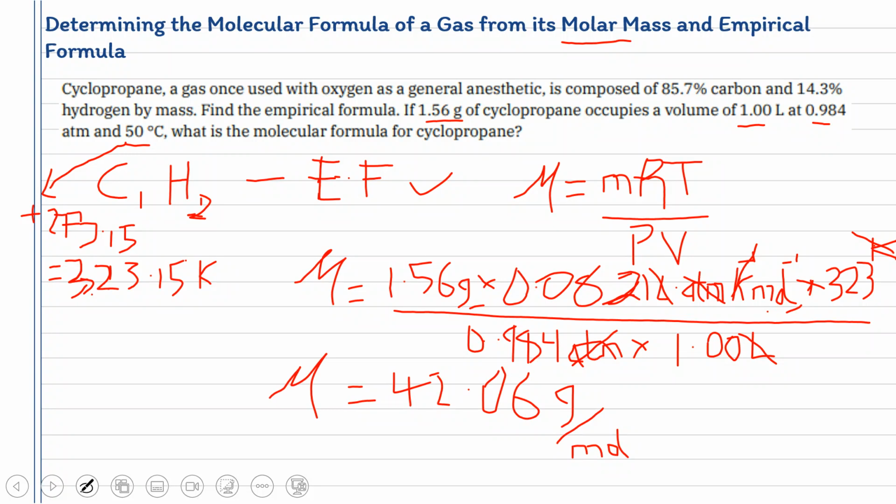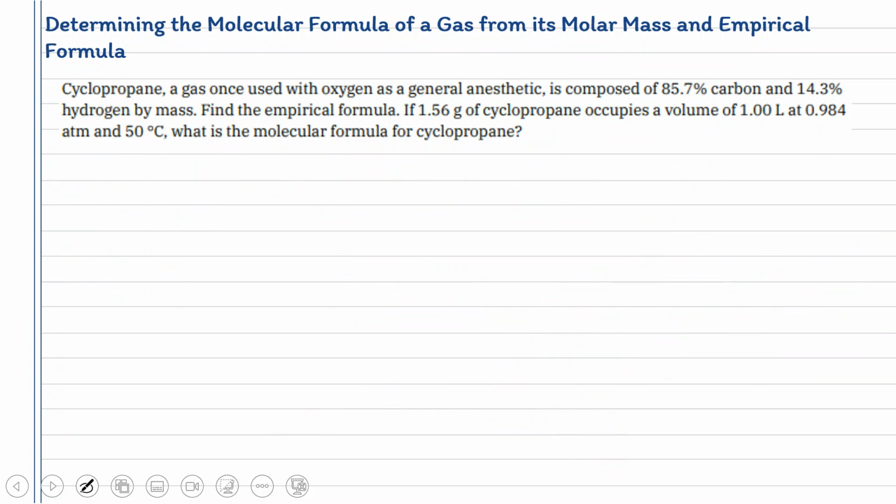Okay, so we just found our molecular mass, which will help us find the molecular formula. So this is the final stage. And the final stage here is to know this. Remember, we said that the empirical formula, which is EF, is just the simplest whole number ratio. The molecular formula is the bulk or the actual representation of the ratios of the elements involved in the compound.